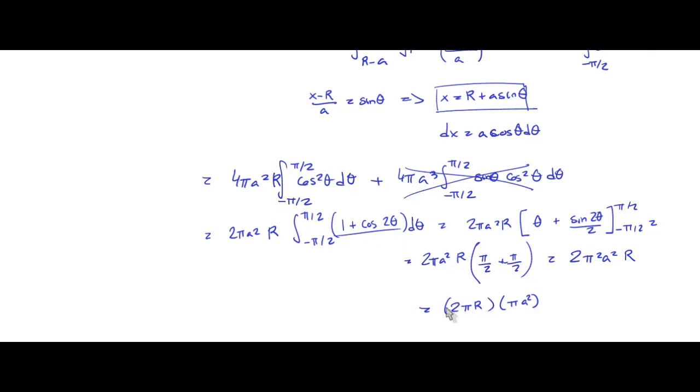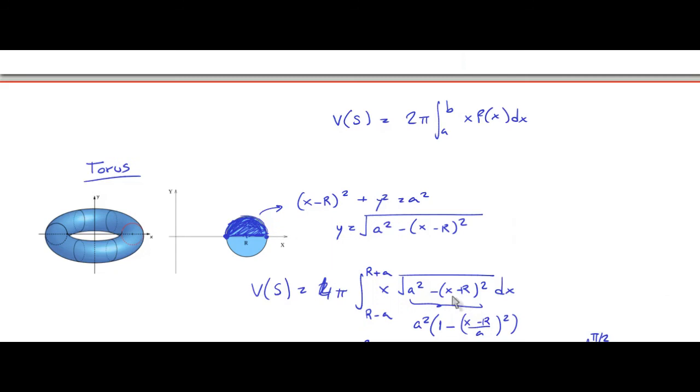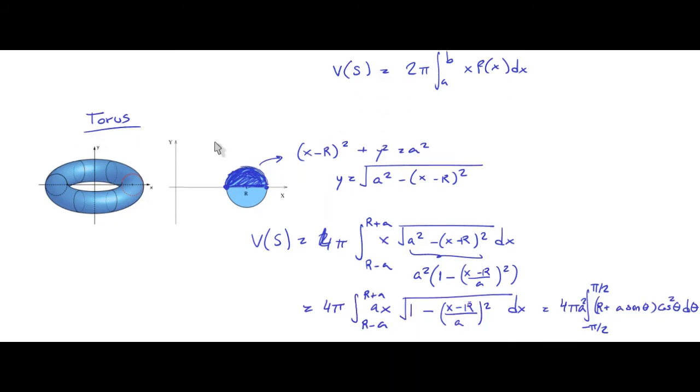Okay, so in other words, this is the perimeter. If you go back here, okay, let me go back here. So the volume of this solid is 2 pi r times pi a squared, right? So this is very intuitive to see, right?